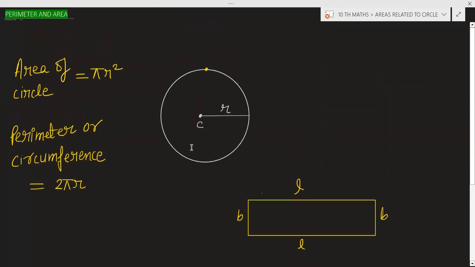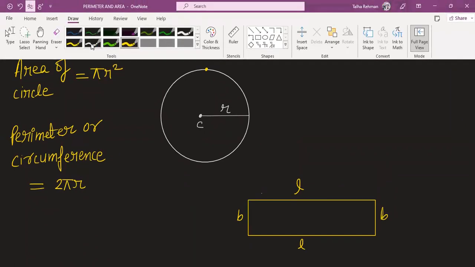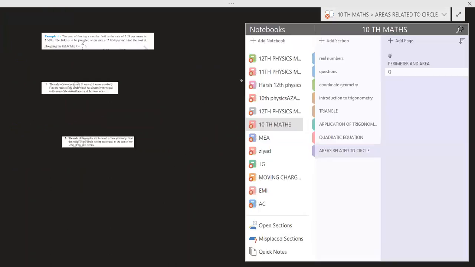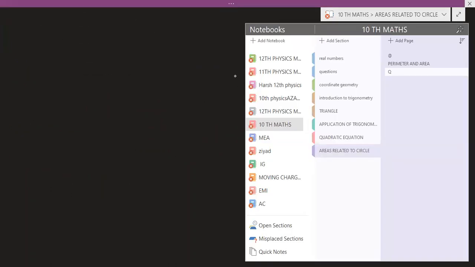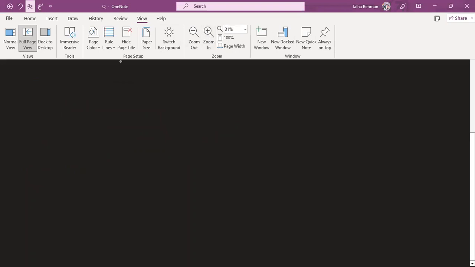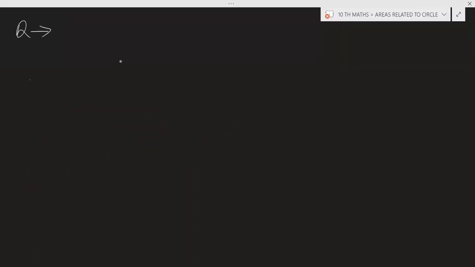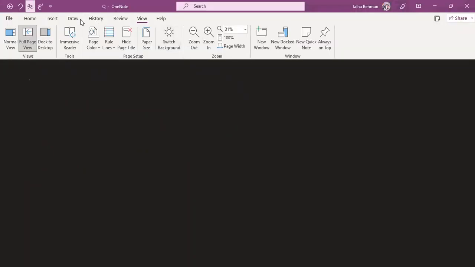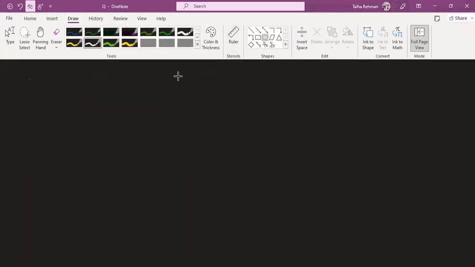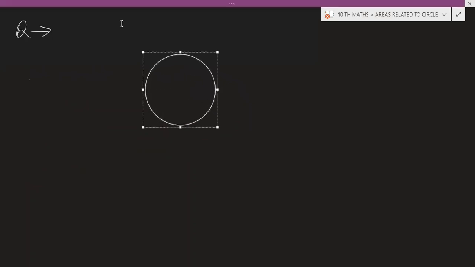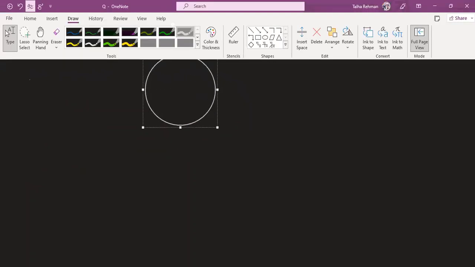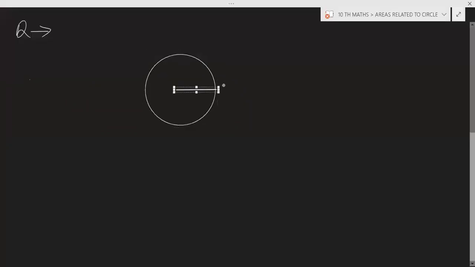And okay, for example, I am taking one very simple question. Suppose there is a circle, and this circle has a radius of 7 centimeter.